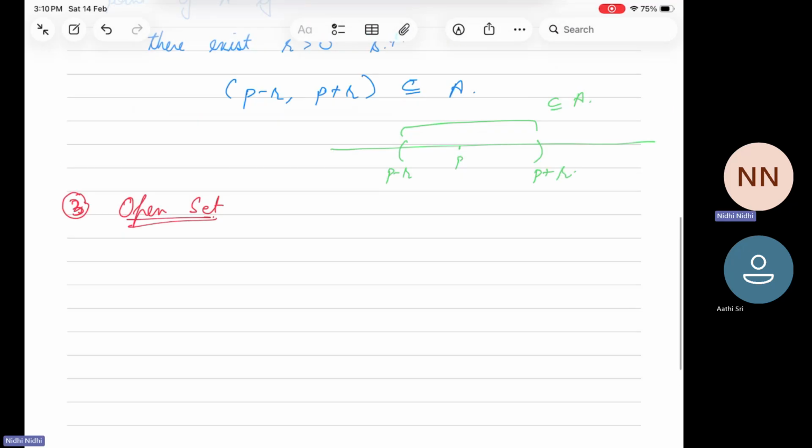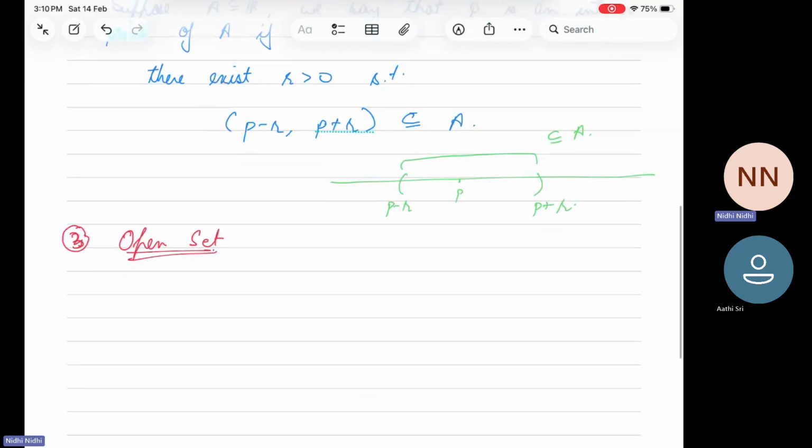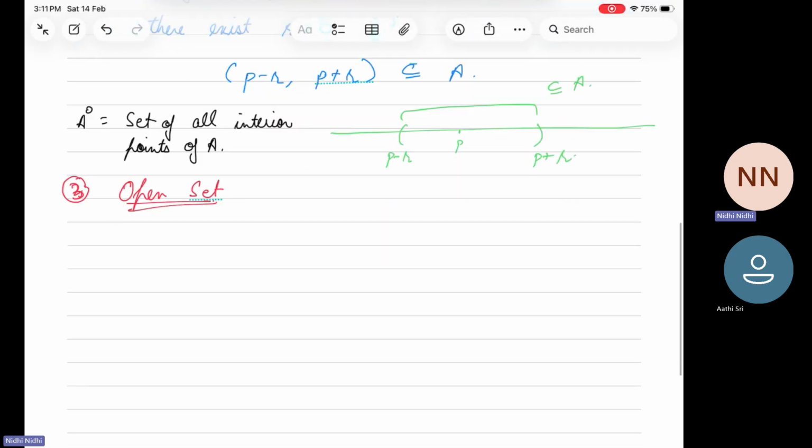We denote by A prime the set of all limit points of A, and we denote by A naught the set of all interior points of A. Next comes the definition of open set.